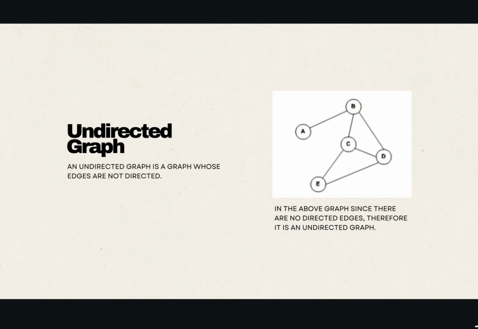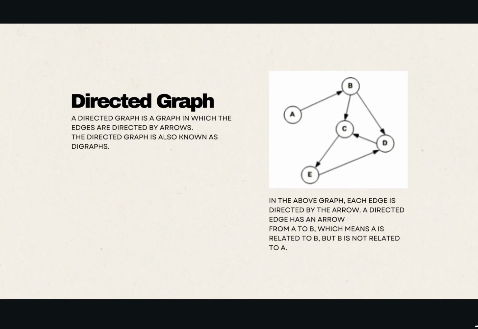Undirected graph. An undirected graph is a graph whose edges are not directed. In the above graph, since there are no directed edges, therefore it is an undirected graph. Undirected edges have no arrow or lines that are pointing to the next node. Directed graph.